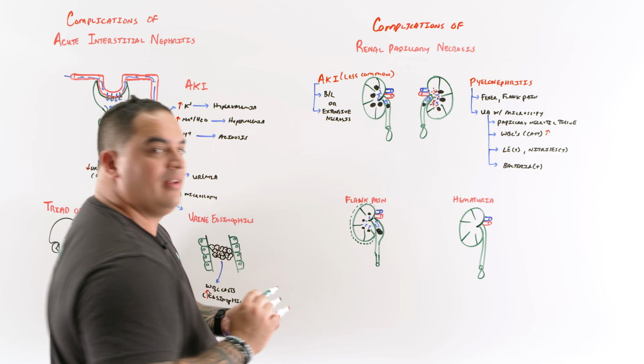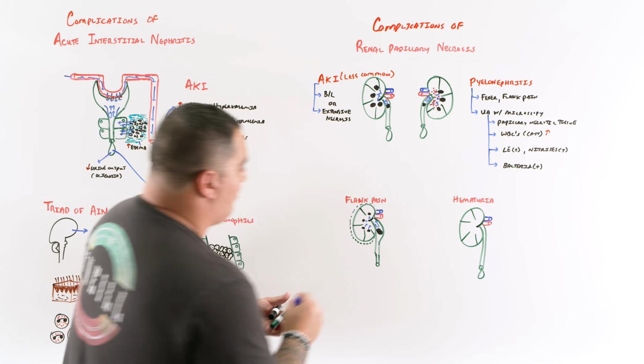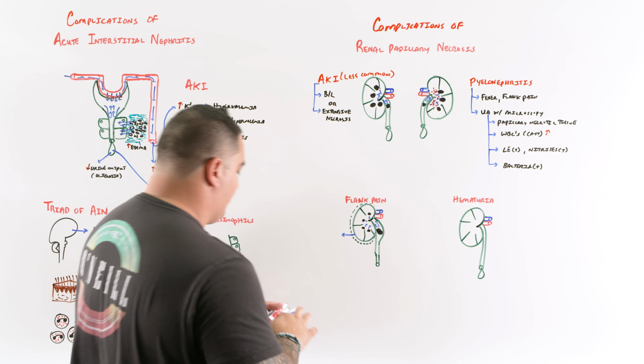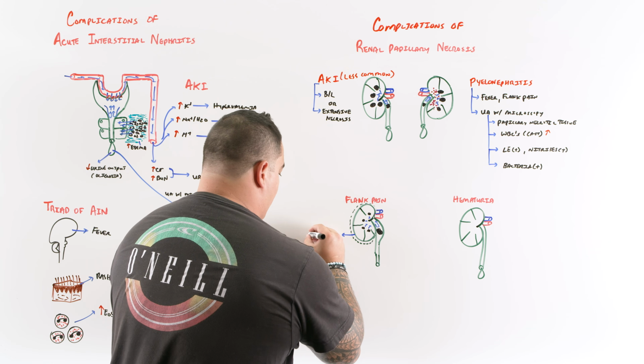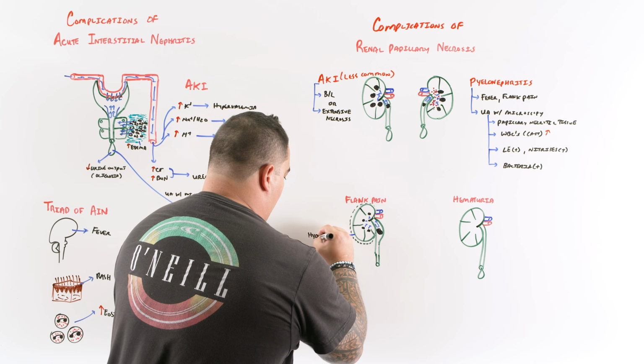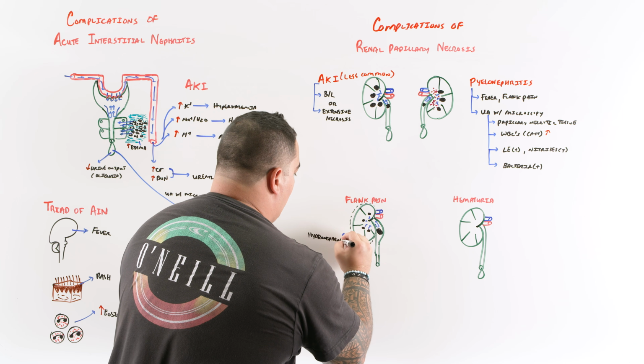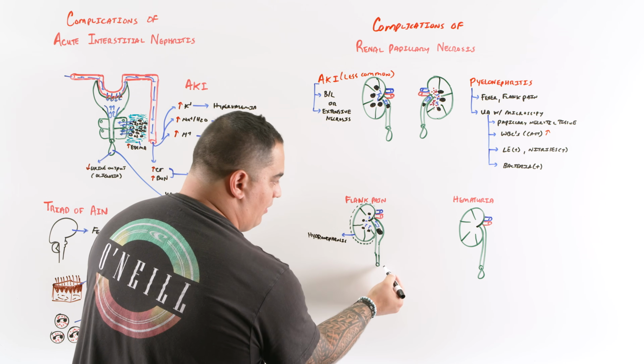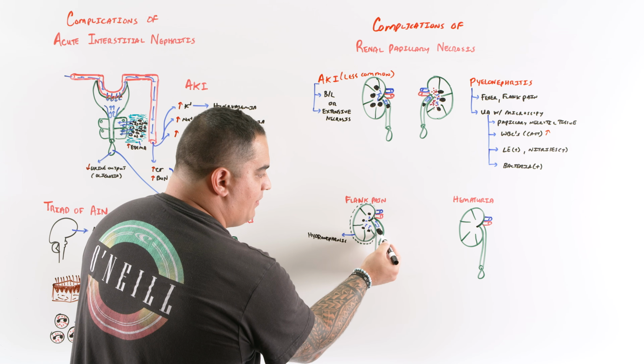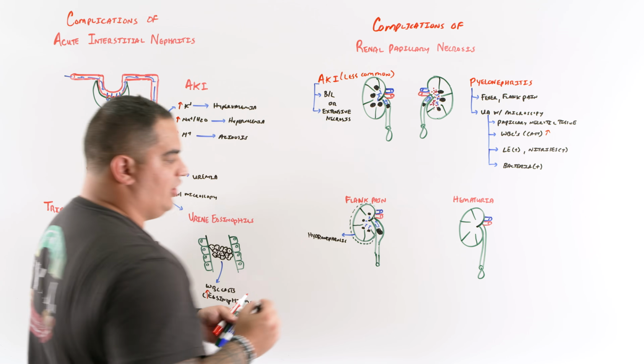And what's that called? Hydronephrosis. And so if a patient gets hydronephrosis, you can cause this patient to develop some flank pain. And this is because of a fluid-logged or overloaded kidney where you can't get urine to flow out because you have a sloughed off piece of dead tissue that's obstructing the ureter flow.